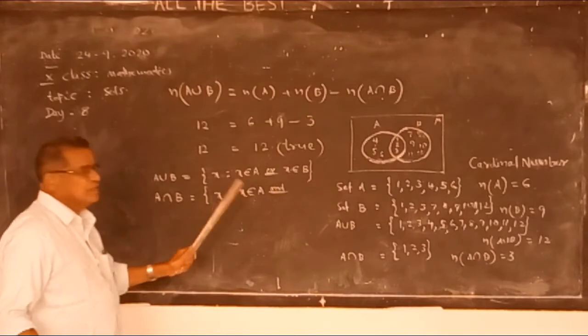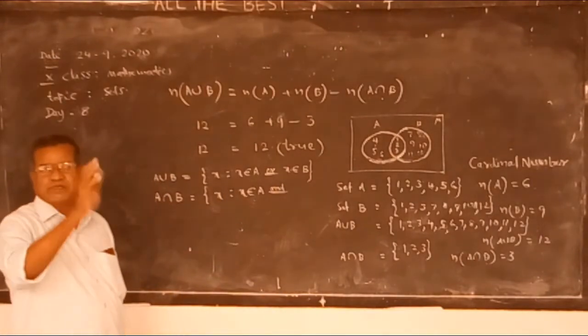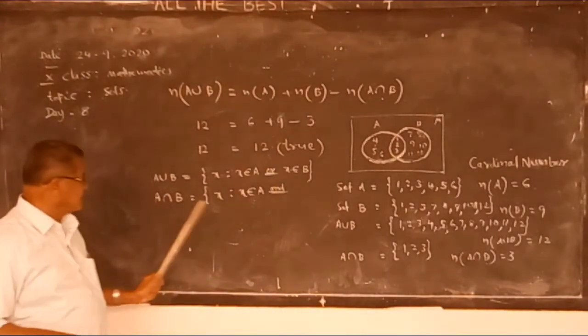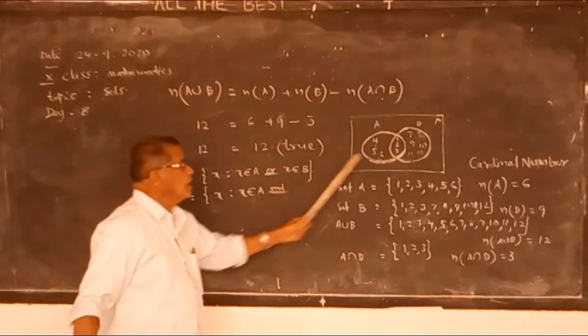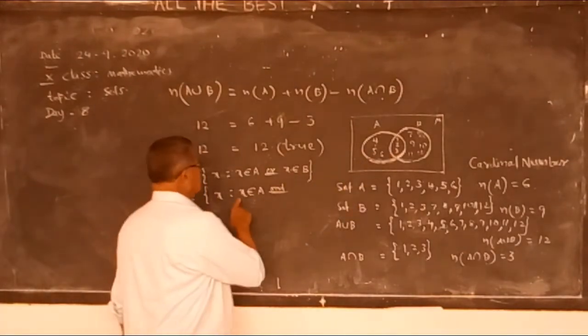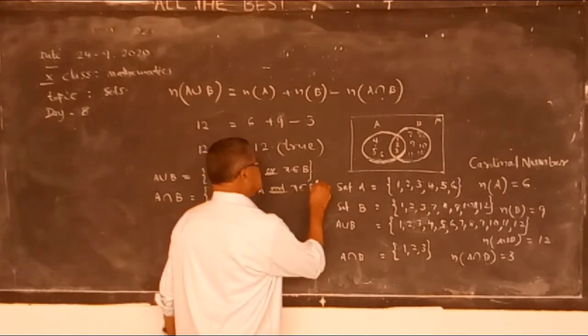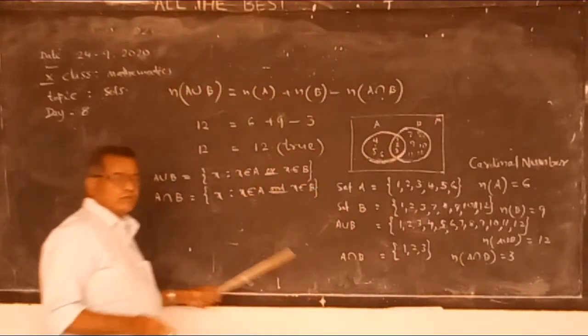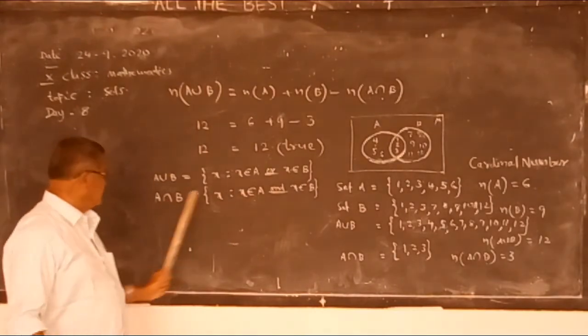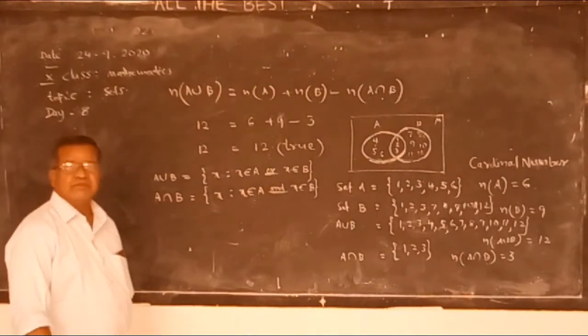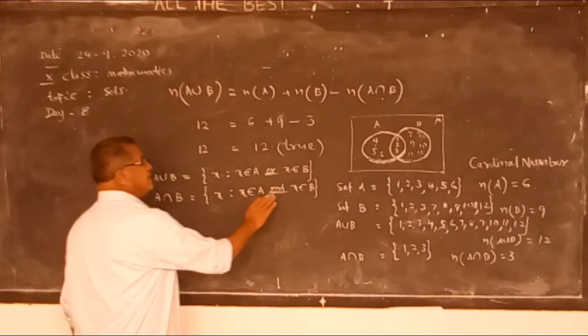In intersection, an element should lie in both, because in intersection we write common elements. So x belongs to A and x belongs to B.